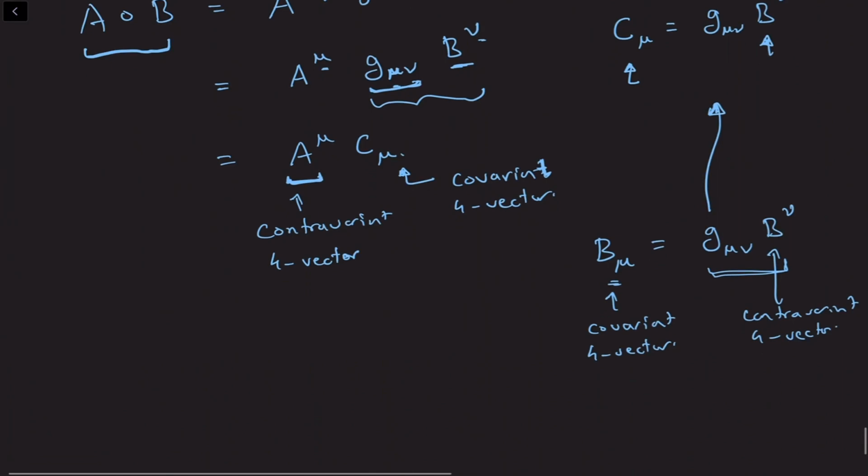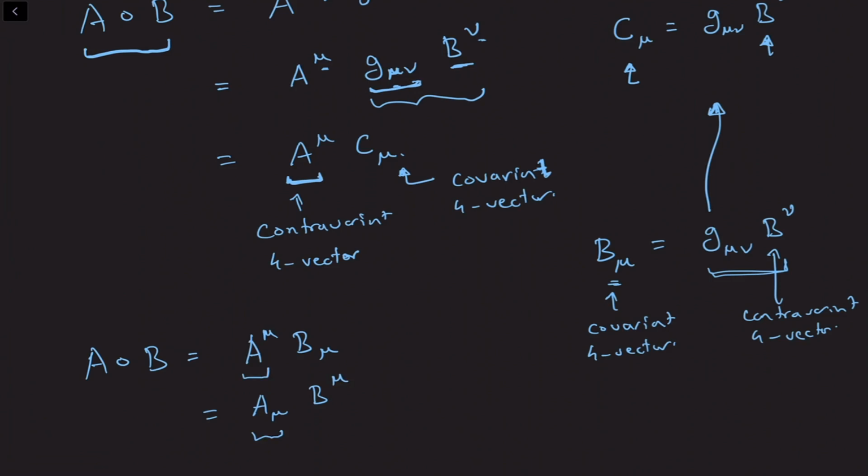And so the dot product of A and B is just written as A mu B mu, which you can also show can be written as A lower mu B upper mu. Okay, where this is the covariant 4 vector corresponding to the contravariant 4 vector A mu, and B mu is the contravariant 4 vector corresponding to this covariant 4 vector B mu. Okay. There's a one-to-one correspondence between the covariant 4 vectors and their contravariant 4 vectors. They're just related through the metric G.